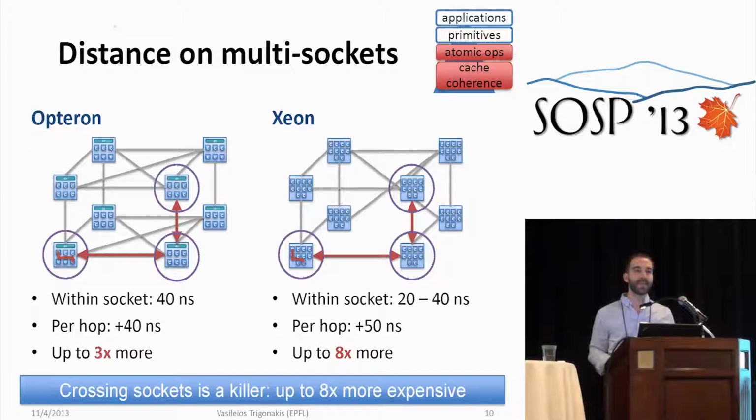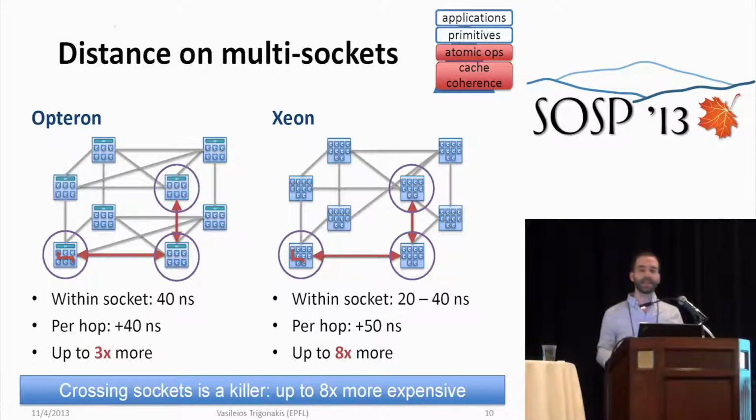On the Opteron, we measured that within a socket, 2 cores can communicate in approximately 40 nanoseconds. Then, once you cross the borders of a socket, you have an overhead of approximately 40 nanoseconds per interconnect hop. So in the end, over 2 hops, you have a communication latency that is up to 3 times more expensive than communicating within a socket.